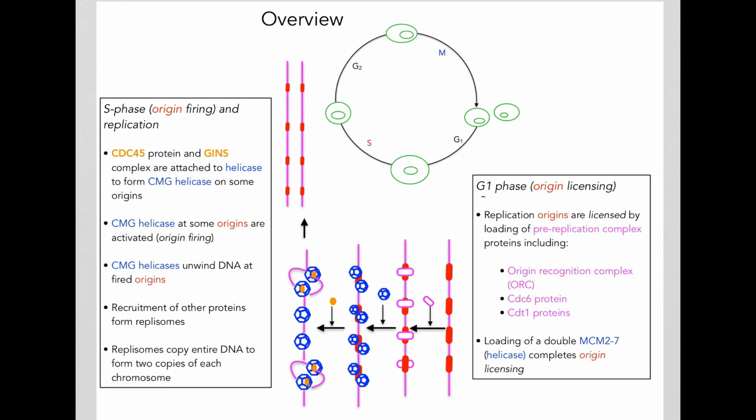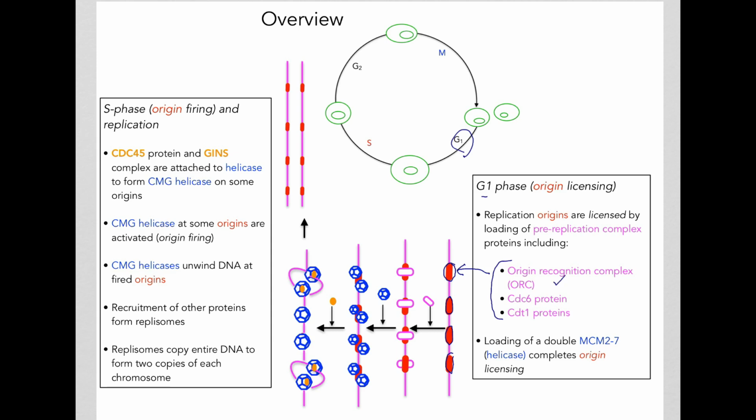During the G1 phase, on the origins of replication in a human chromosome, and you can see there are several origins of replication in human DNA, compared to E. coli that we discussed previously, which has only one origin of replication. To each origin of replication, several proteins will come and bind.